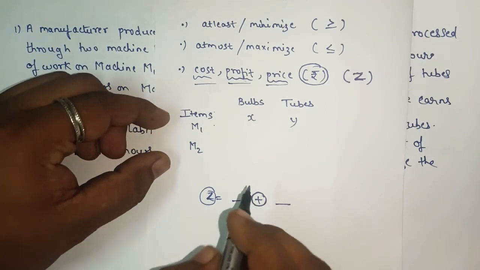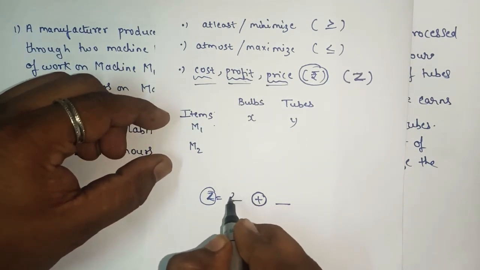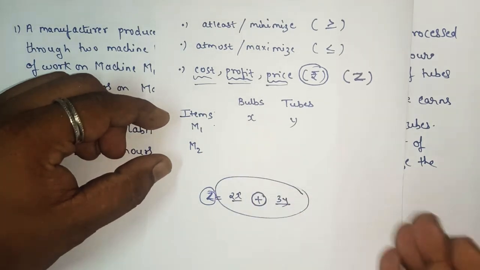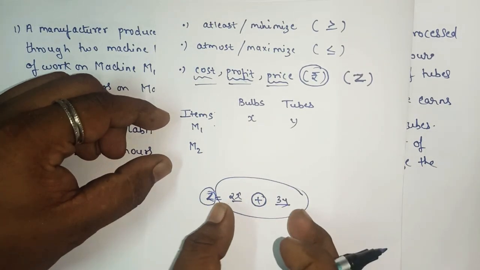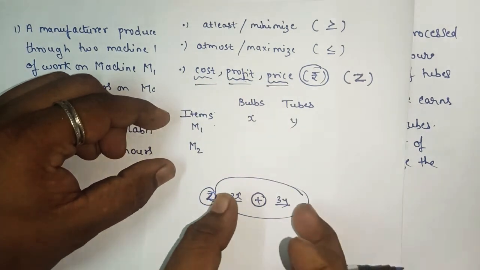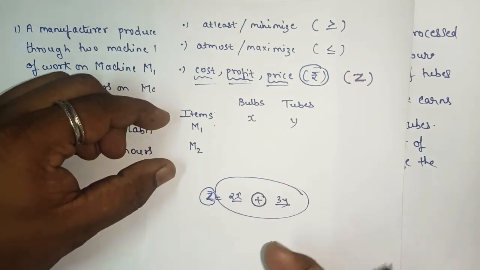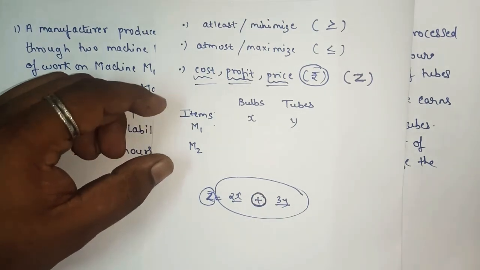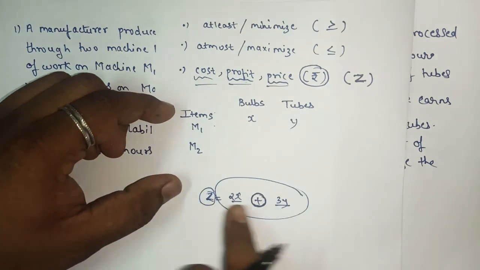For example, if I say 2x and 3y, you will find the total of these two things. Then you will get the profit, the cost, the price. You have to find the total. So whenever the word total comes, the symbol will be plus only. Cost, profit, and price cannot be negative.